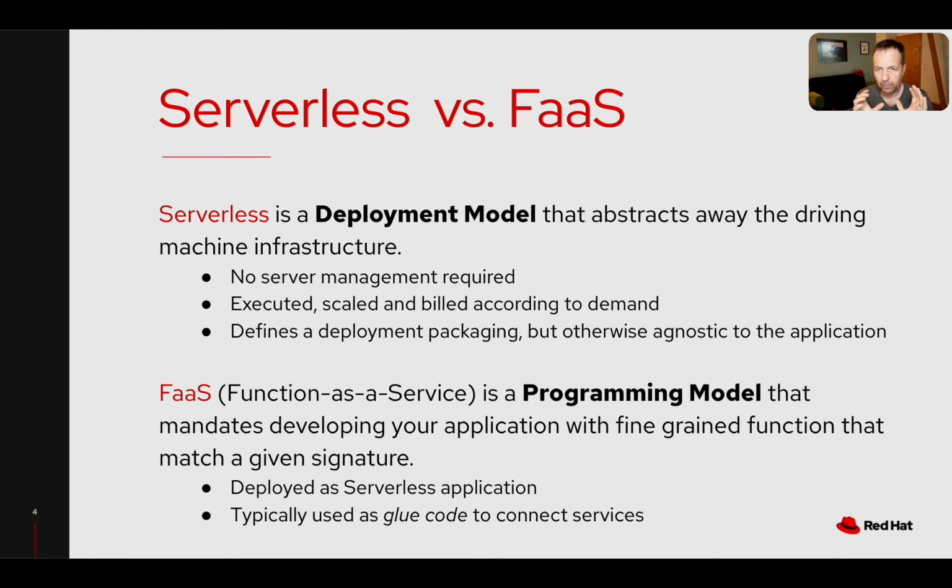So this is a deployment model, but then you have probably already heard about functions as a service, or FaaS, or functions in general. This is considered more a programming model which sits on top of serverless. Functions as a service mandates that your applications are composed of fine-grained functions that adhere to a certain function signature and get easily deployed on a serverless platform.